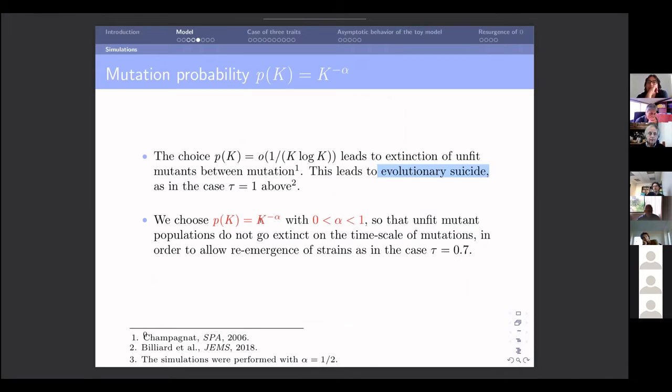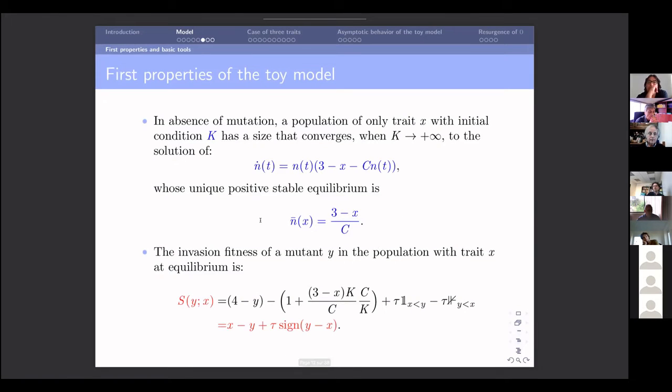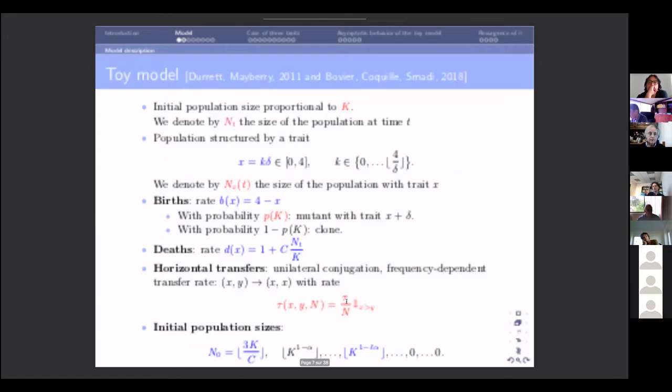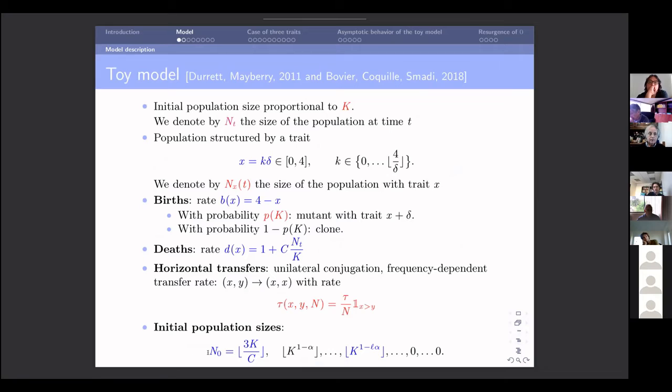Okay, so now a few notations. First, sorry, I forgot to come back to the initial data here. What do I take for the initial data? I assume that all individuals have trait 0, and I put them at equilibrium.